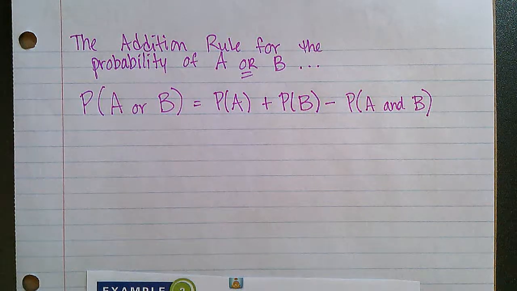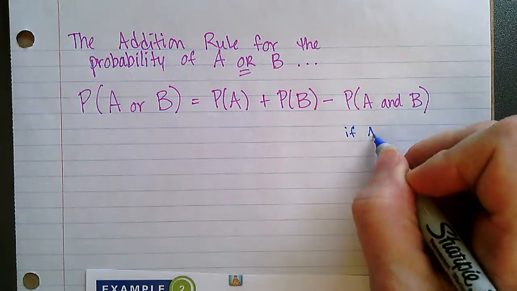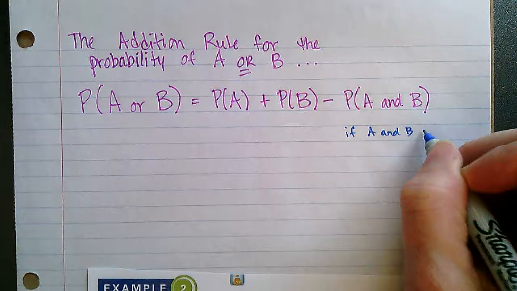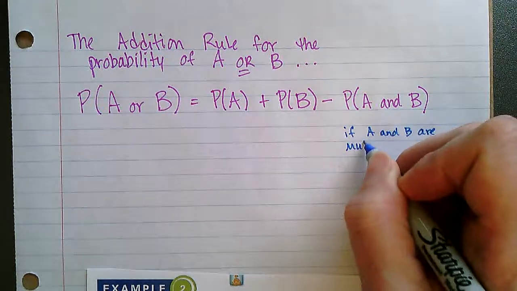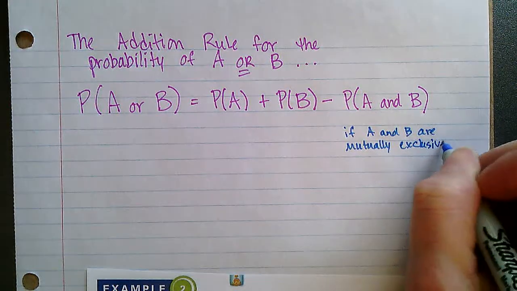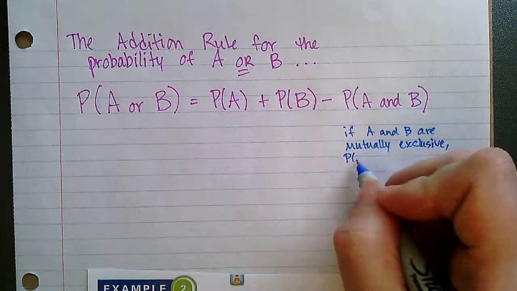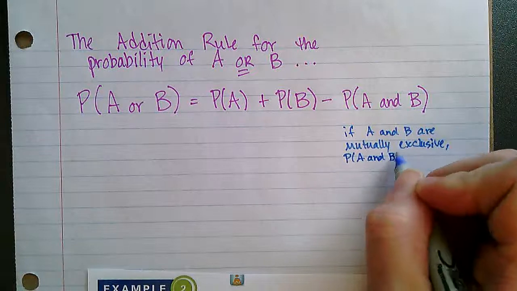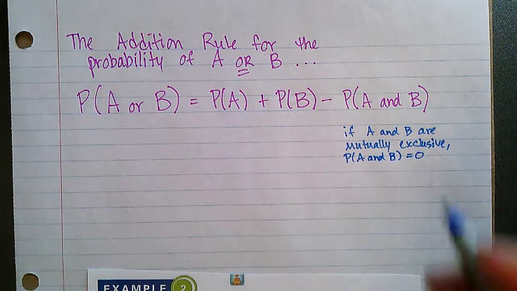So here's the thing. When we had our mutually exclusive events, A and B could not occur at the same time. So if A and B are mutually exclusive, then the probability of A and B will equal 0.